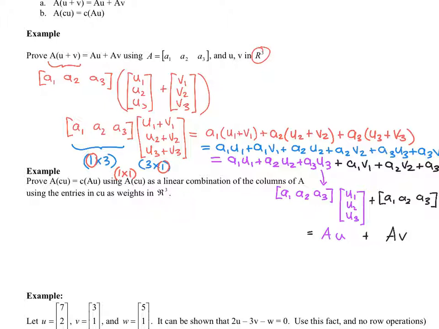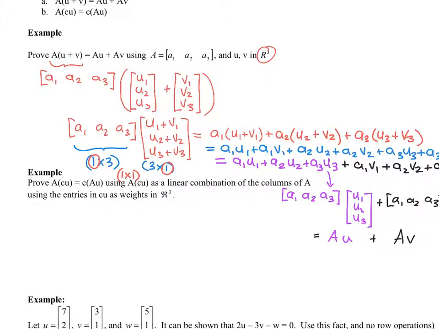It was just buried in the work. If you were to take this row, because we're still in R3, and multiply by just the U1, U2, U3, you would have gotten what we need for the right-hand side. But what they want us to do here is use A times CU as a linear combination of columns of A. So it's really telling us to stay on the left, work that a little bit and see where it gets you.